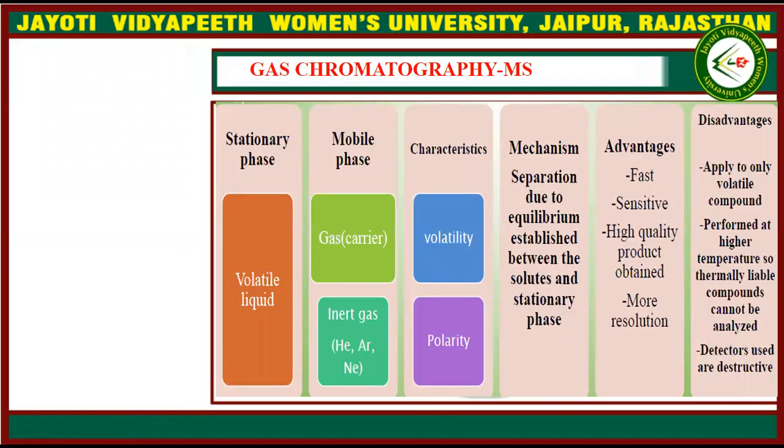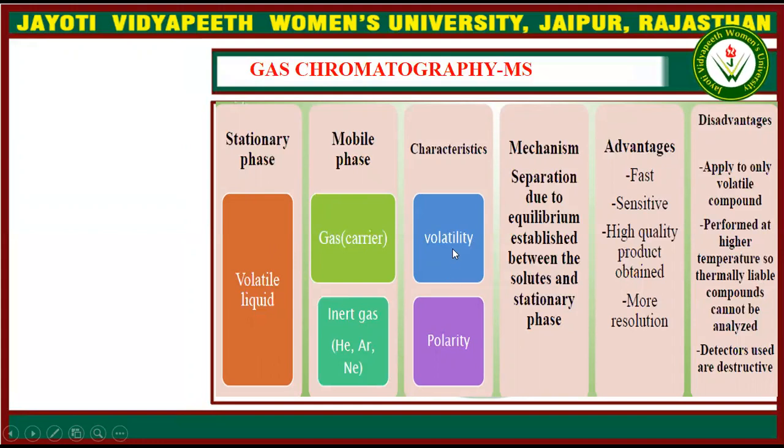The next technique is gas chromatography. In gas chromatography, gas is the mobile phase, and in the stationary phase, volatile liquids are used, and inert gases are used in the mobile phase. The separation is on the basis of volatility.